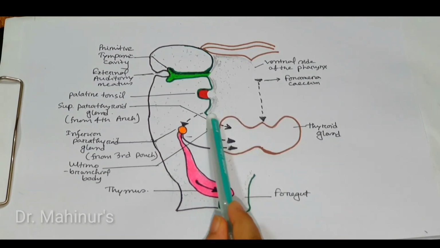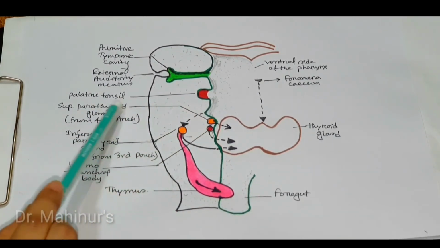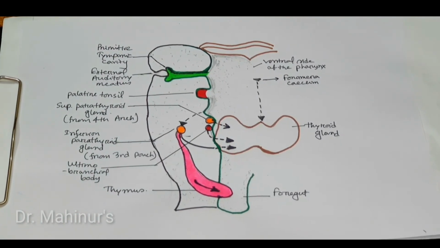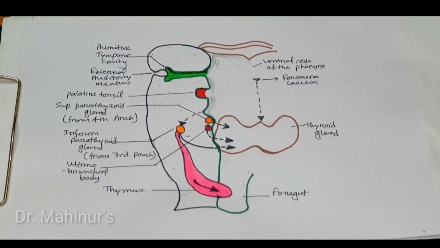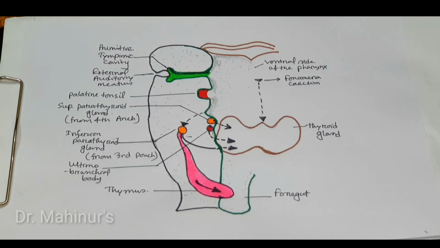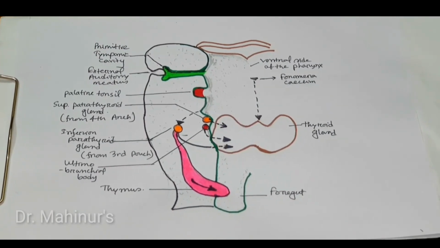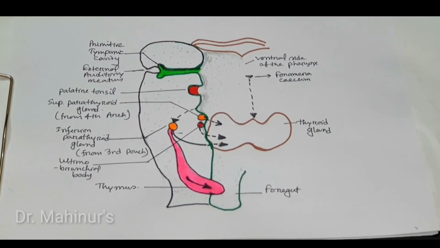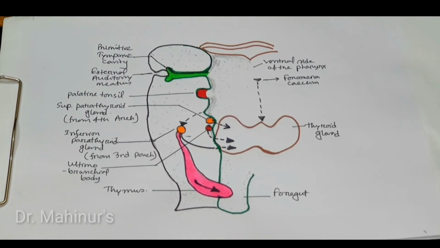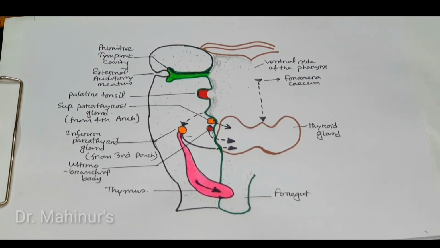The epithelium of the dorsal wing of the 4th pharyngeal pouch forms the superior parathyroid gland. When the parathyroid gland loses contact with the wall of the pharynx, it attaches itself to the dorsal surface of the caudally migrating thyroid as the superior parathyroid gland. The 5th pharyngeal pouch is the last pouch to develop and is usually considered to be a part of the 4th pouch.